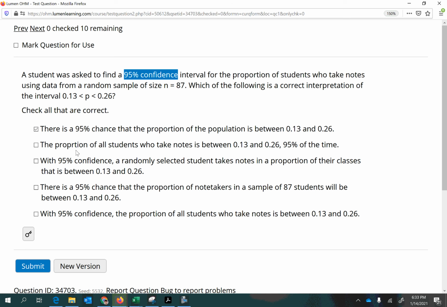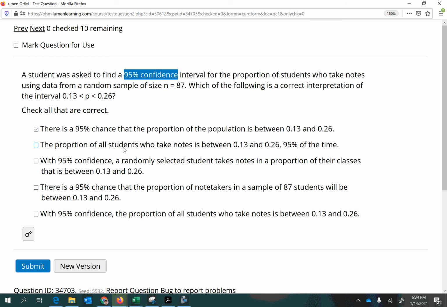The next one says the proportion of all students who take notes is between 0.13 and 0.26, 95% of the time. That almost sounds right, but it's not the correct way to interpret this.